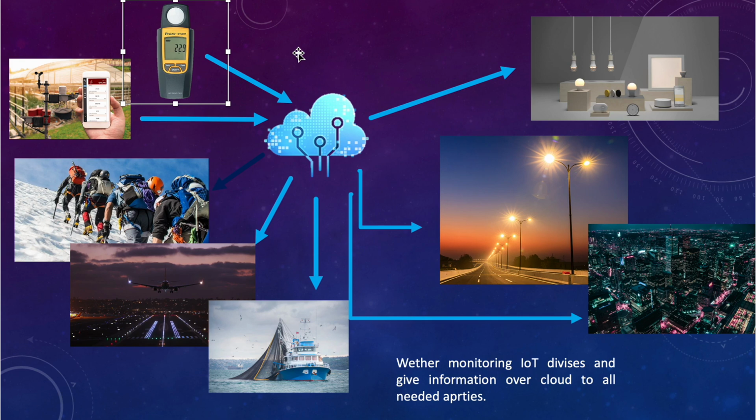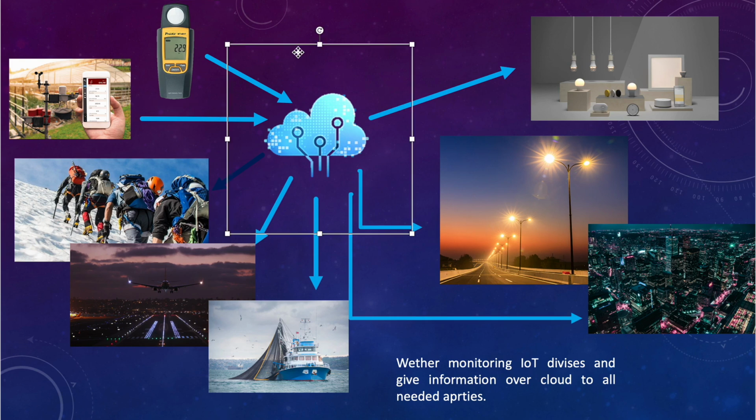So if that data is fed into the internet in real time, IoT lights or smart lights which are connected to the internet can take that information, understand the intensity of light outside, and adjust their brightness, switch on, or switch off accordingly.